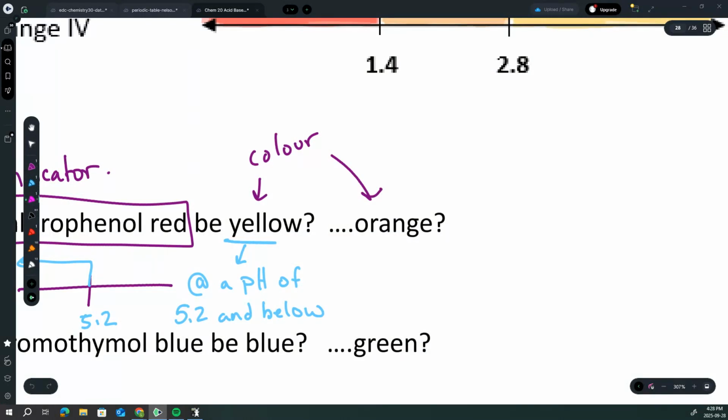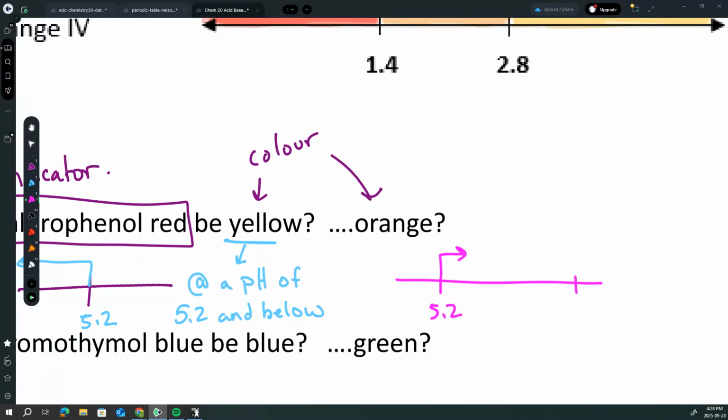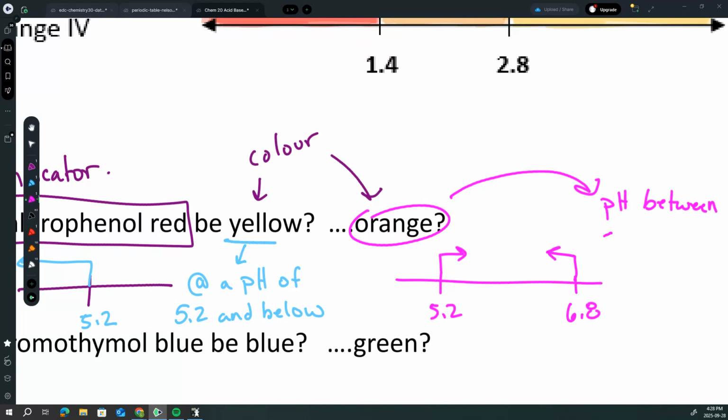I'll use a different color so it's easy to see that I'm answering two different questions. So 5.2, 6.8. So pH between 5.2 and 6.8.